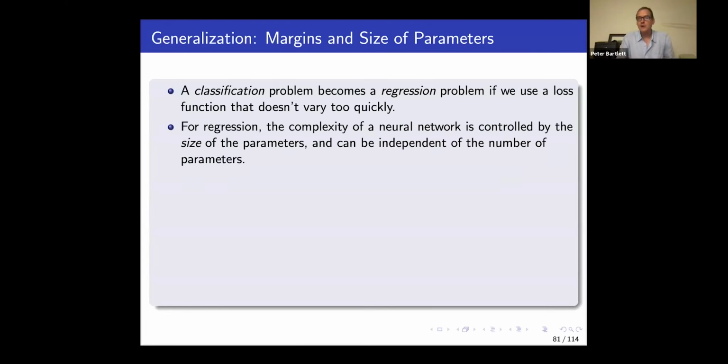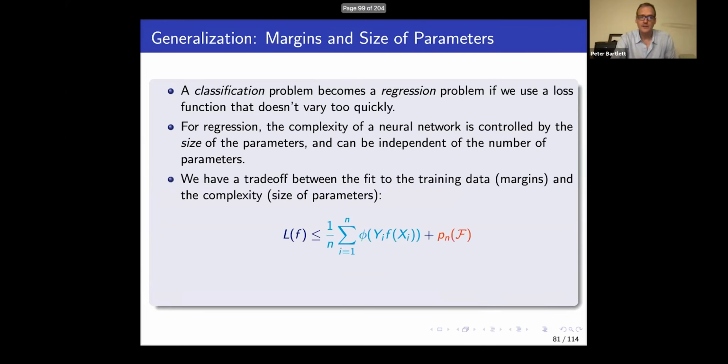And in regression problems, the complexity that we get out of the Rademacher averages might be quite different from the complexity we see in a classification problem. In particular, it can be controlled by the size of the parameters and totally independent of the number of parameters. So these last few examples have all had no constraint on the number of parameters, just on their norms.